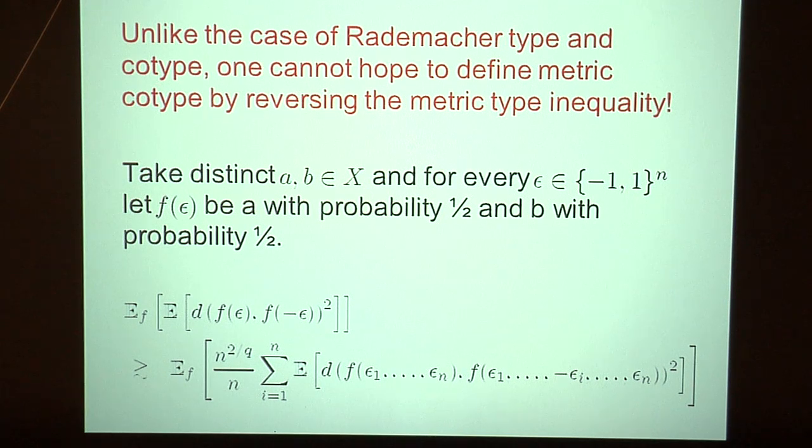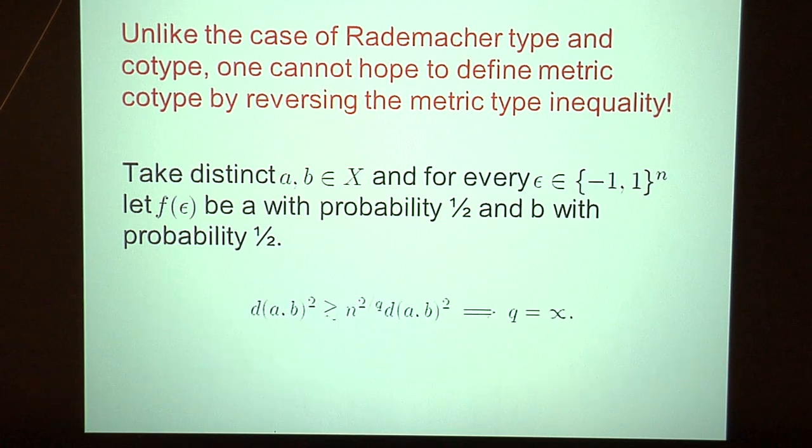And over the random f, the expectation of the distance from f of epsilon and f of minus epsilon is just the distance from A to B times 1/2. And the same goes for the edges. So the inequality becomes what's written here, which forces Q to be infinity. So there is no improvement over the triangle inequality in any metric space unless it's a singleton.